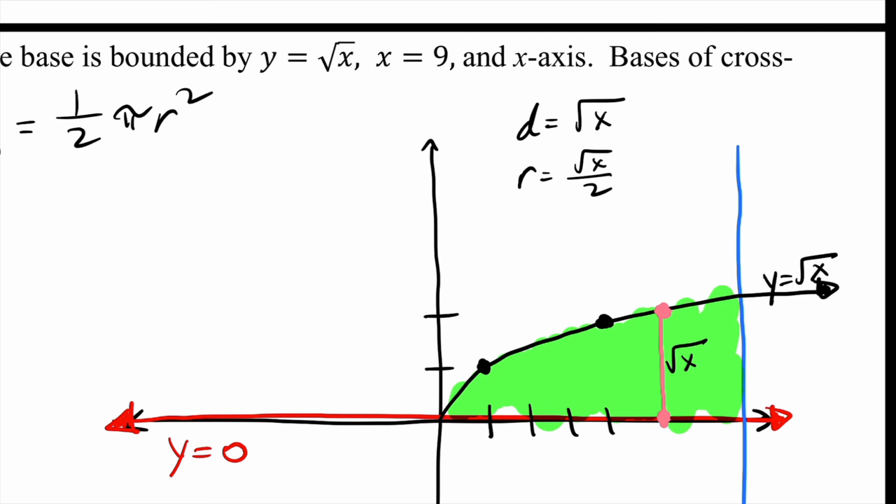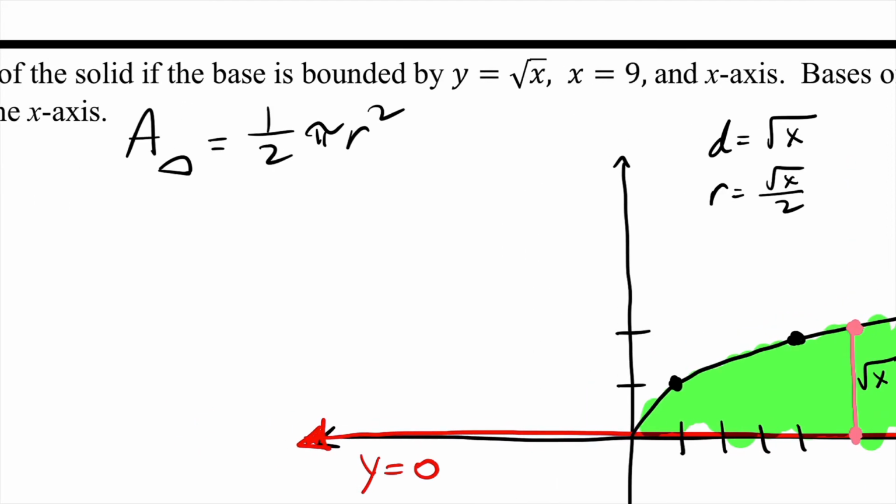Well, there you go. I got the rest. So it'll be 1/2 pi times the square root of x divided by 2, squared. That'll give me the area of one cross section.